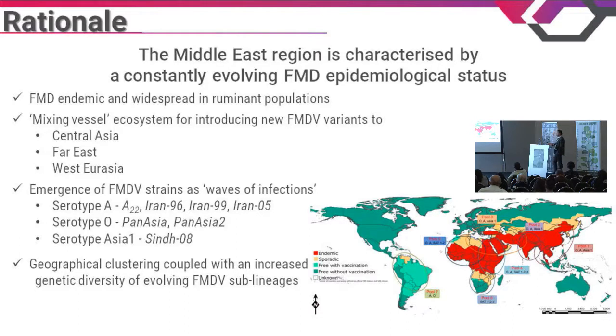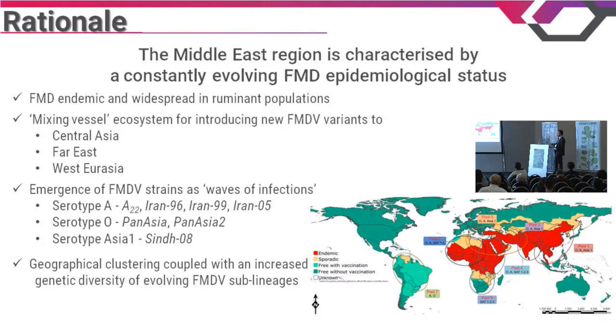Historically, we have experienced waves of infection by different lineages, starting from FMD pool number 2, belonging to serotype A, such as A22, Iran 96, 99, Iran 05, serotype O, Pan-Asia 1, Pan-Asia 2, and the recently circulating serotype Asia 1, SIN 08.